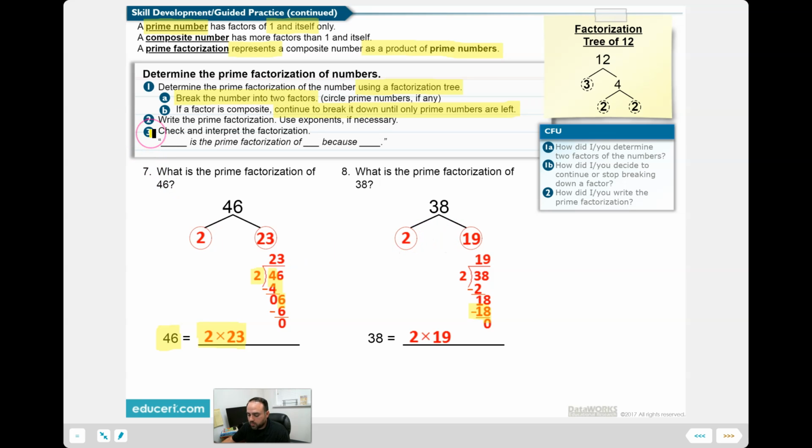Step 3, you read. And let's read your final statement all together using the information from the page. 2 times 19 is the prime factorization of 38 because it represents 38 as a product of prime numbers.